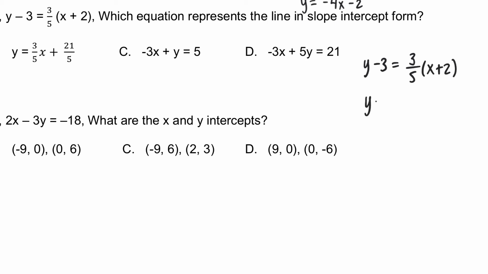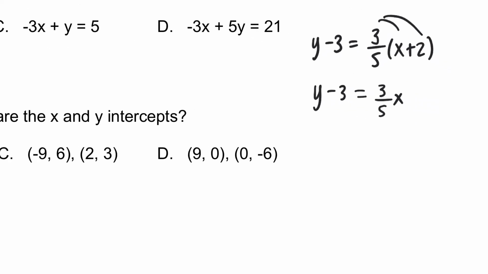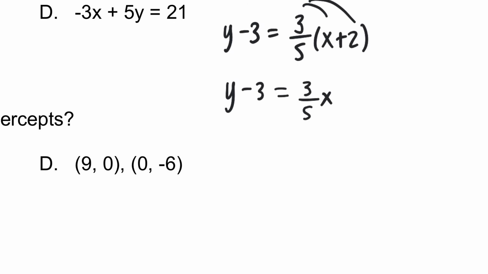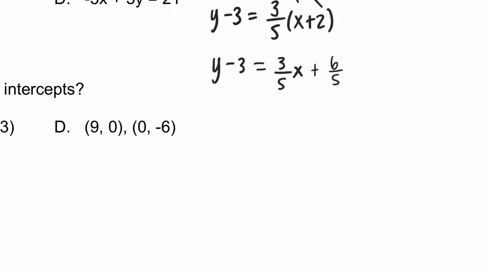What I'm going to do is distribute this. So we're going to do 3/5 x, that's 3/5 x. And then what is 3/5 times 2? Do not use your calculator on this. You need to actually know how to do these fractions here. So 3/5 times 2. All you're going to do is multiply 3 times 2. That's 6/5. So this is going to be 6 over 5. That's 3/5 times 2. Okay?